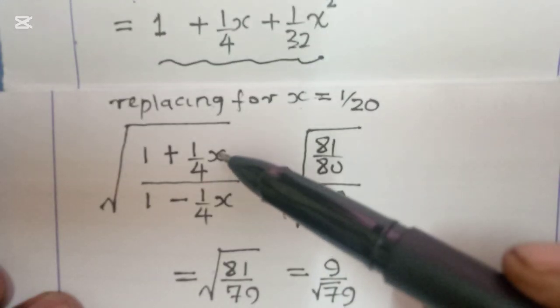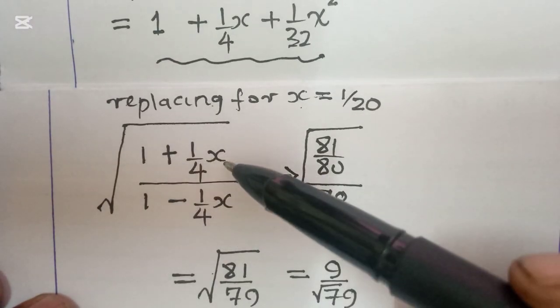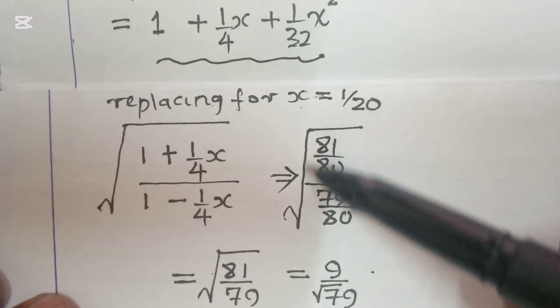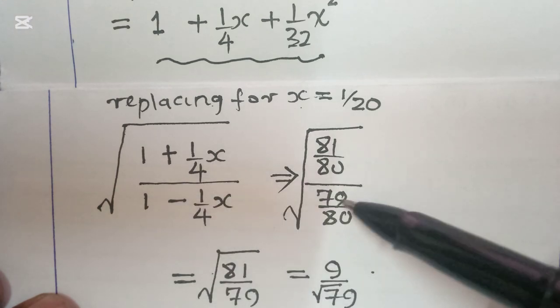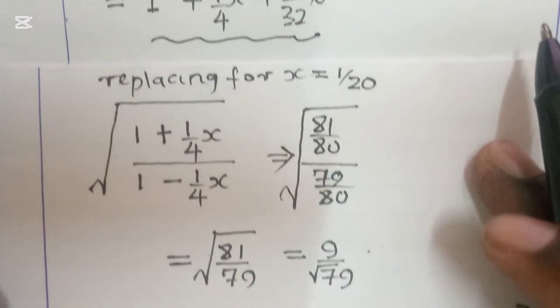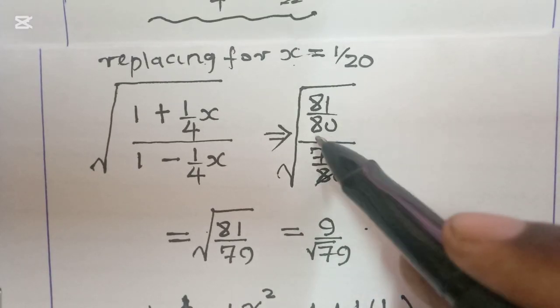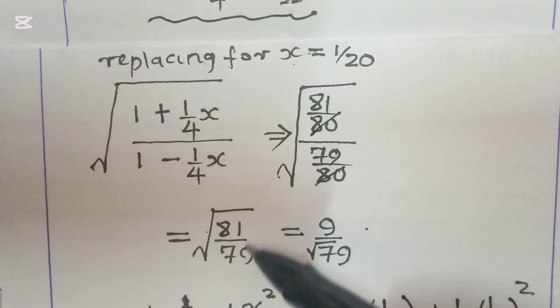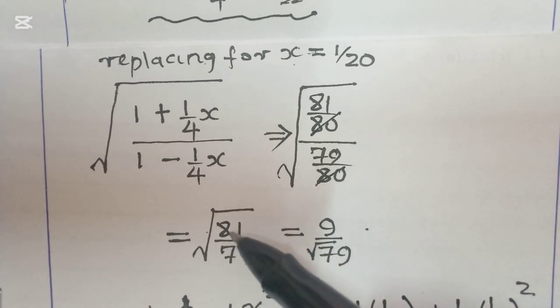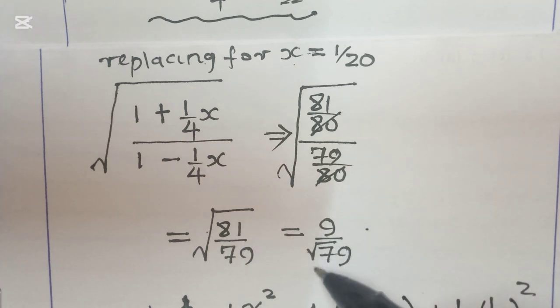Try and put 1 all over 20 here and see how the numerator will be in terms of fraction. You get 81 all over 80, and for the other one, you get 79 all over 80. Now 80 can be cancelled, and we are left with the square root of 81 all over 79. The square root of 81 is 9, and what we are looking for is the square root of 79.